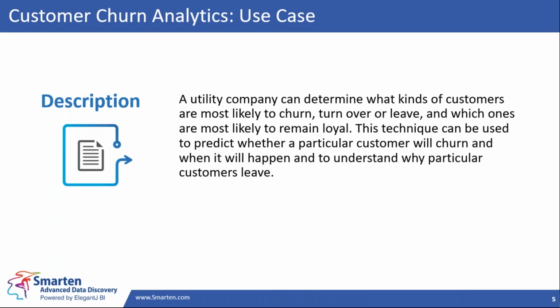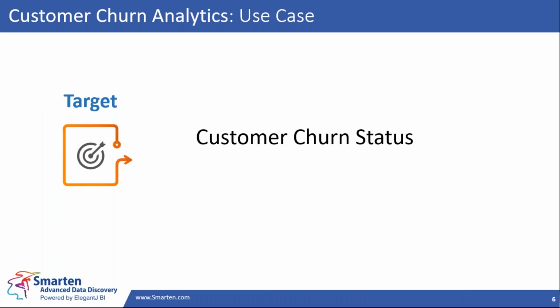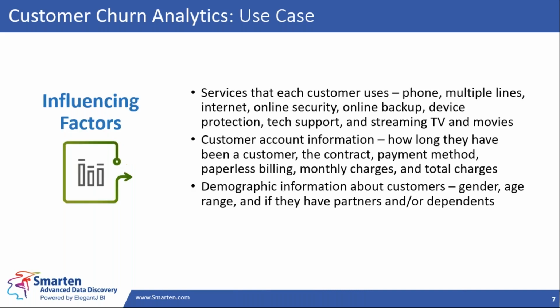This technique can be used to predict whether a customer will move away from the business, and when it will happen, so it is helpful for understanding customer churn. The target would be the customer churn status, meaning whether they are likely to move away, yes or no. Influencing factors could be many actually.